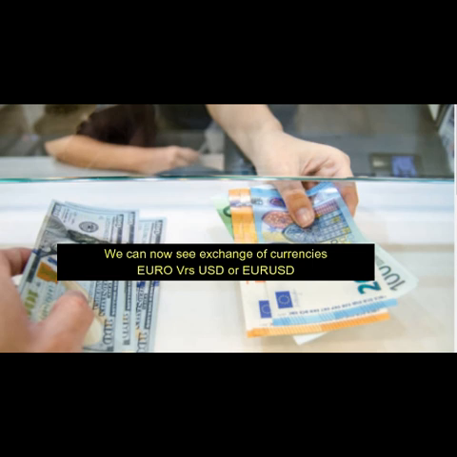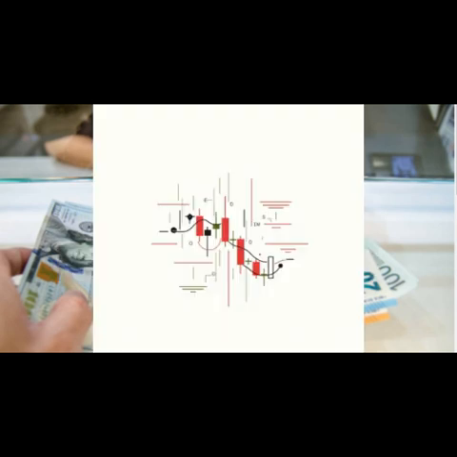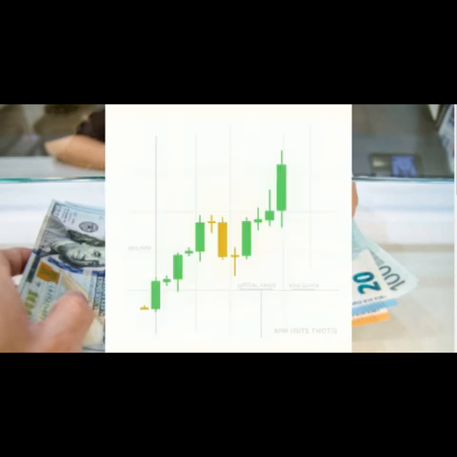This is what we call foreign exchange or Forex. Forex is a situation whereby I have currency and I exchange it with you. So therefore, one sells and one buys simultaneously.